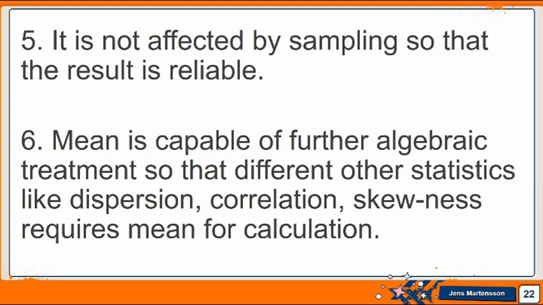Number 5, it is not affected by sampling so that the result is reliable. So, kahit anong sampling ang gamitin mo, sinasabi natin na kapag ginagamit, ang result natin is always reliable. So, number 6, mean is capable of further algebraic treatment so that different other statistics like dispersion, correlation, skewness, require mean for calculation.